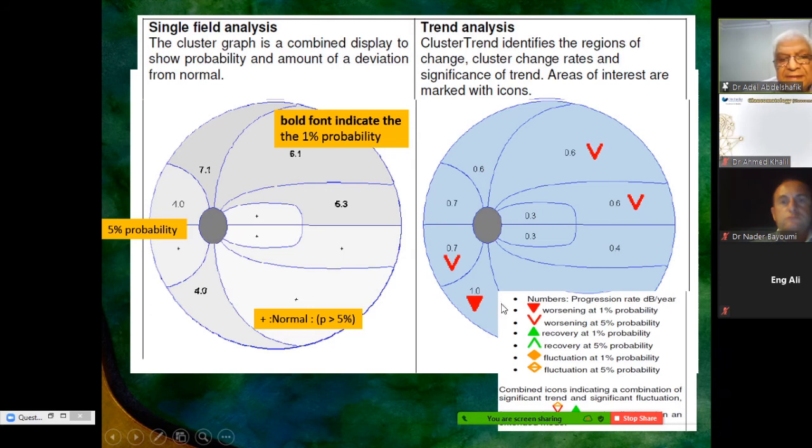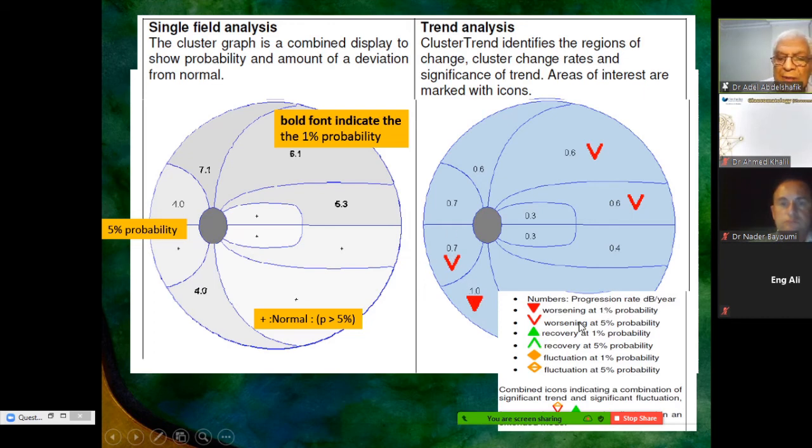In the Octopus, in the new software, they are making clusters and then following the clusters. If the variation between one visit and the following occurs in 1% of the population, then they highlight this as abnormal, occurring in only 1%.